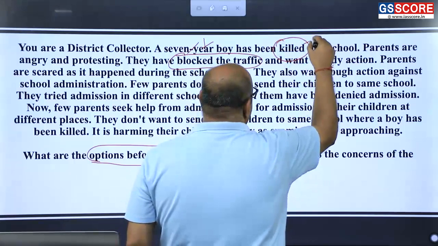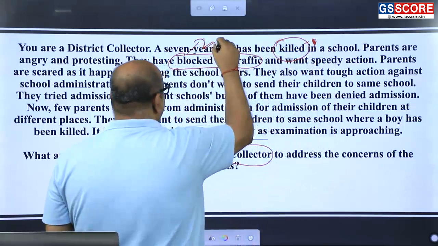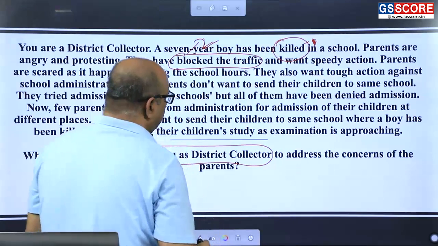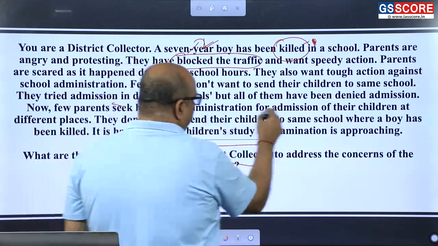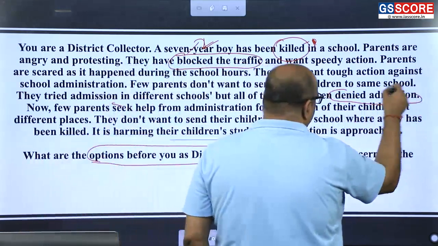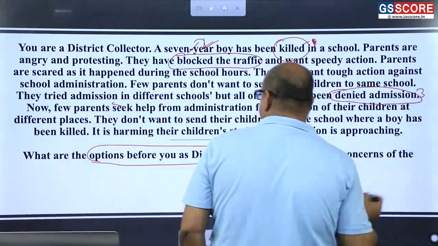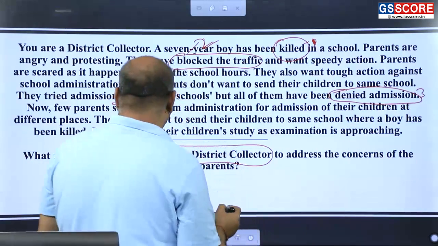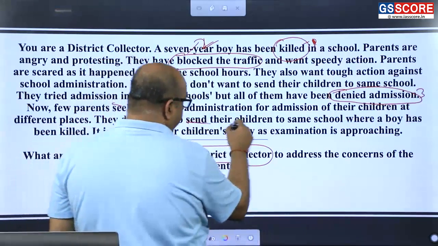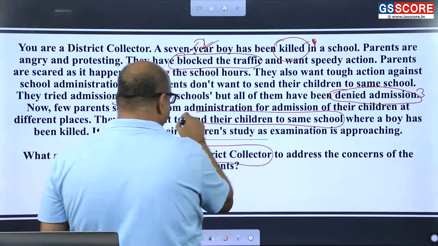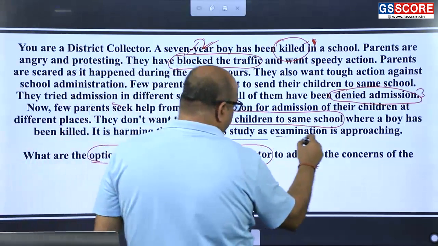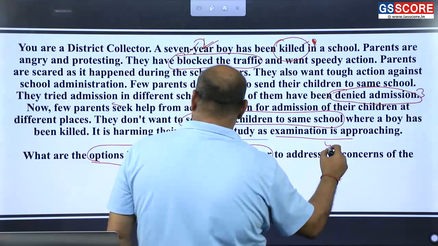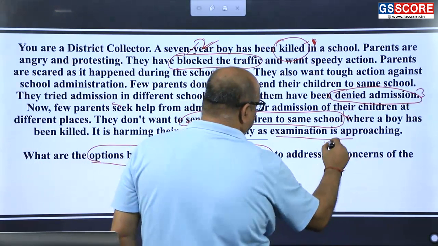This is number two. So different schools denied admission. Number 3, they don't want to send their children to the same school. Number 4, examination is approaching. Number 5.